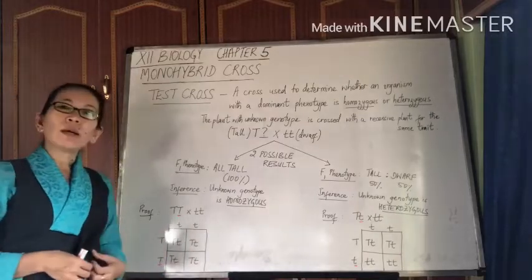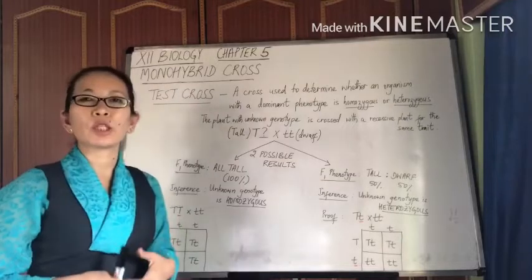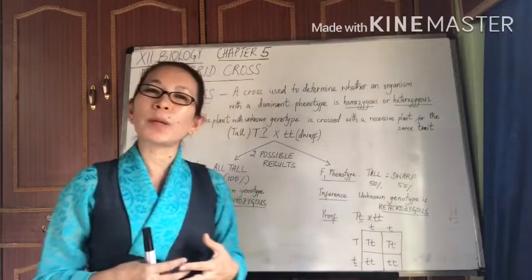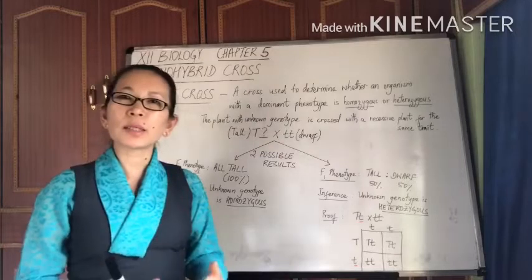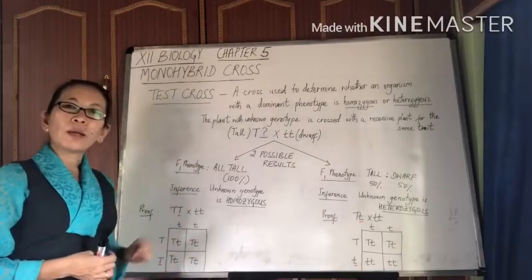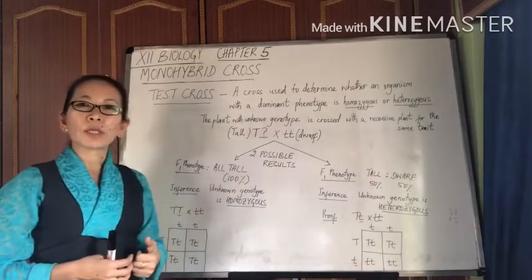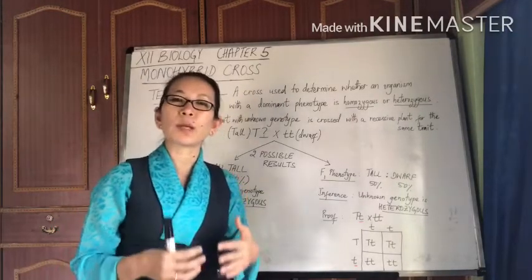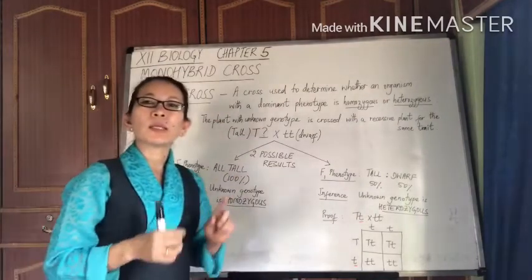The four possible genotypes here are capital T, small t, a heterozygous genotype. In such a heterozygous combination, we can never expect the expression of the small t or dwarf character. As a result, all of this F1 will have the tall phenotype because they have a heterozygous genotype. And that can only be achieved if both of the alleles in the tall plant are capital T and capital T.